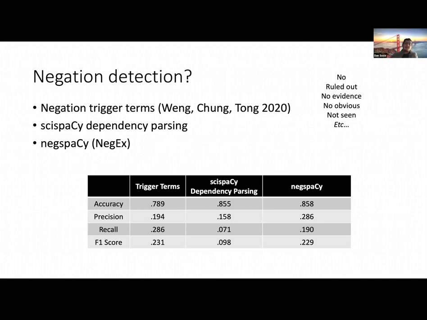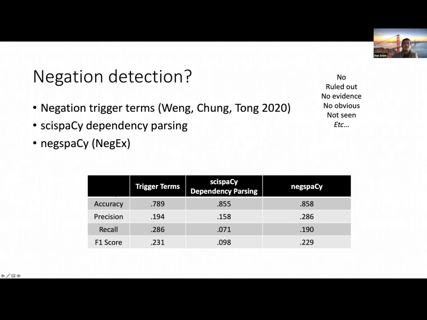And then we used this other negspaCy model, which is NegEx, a rule-based system, where certain negation words will occur near the treatment trigger word, but with a slightly different set of negation triggers than the first one.